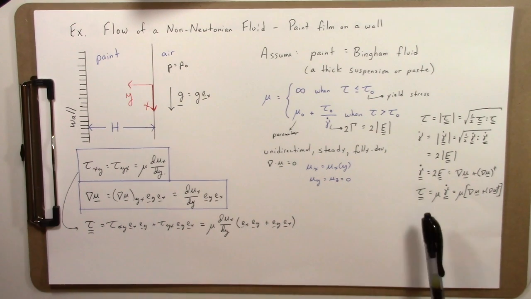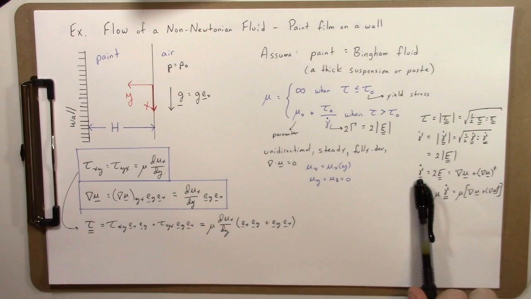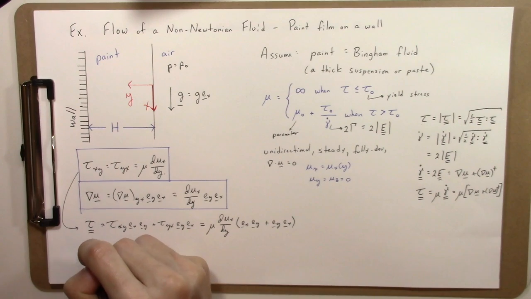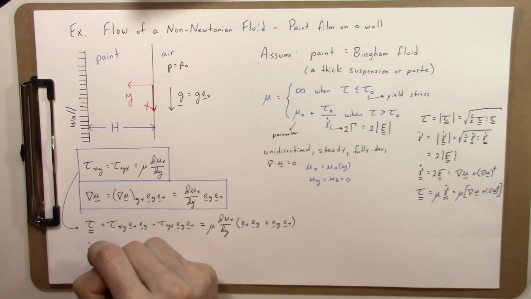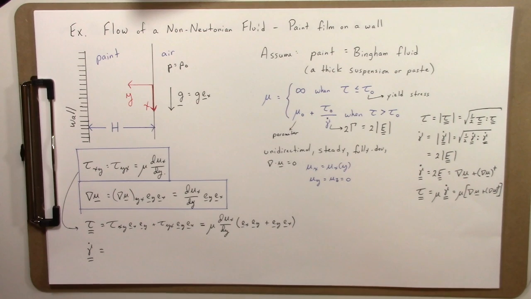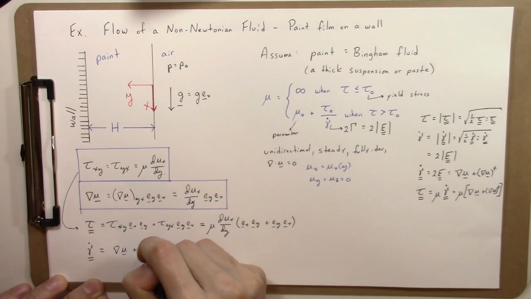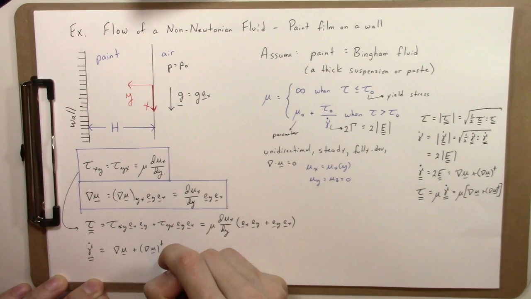And then we can take our rate of deformation or rate of strain tensor, gamma dot, which is del u plus del u transpose.